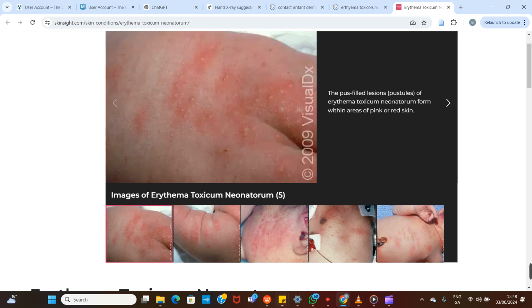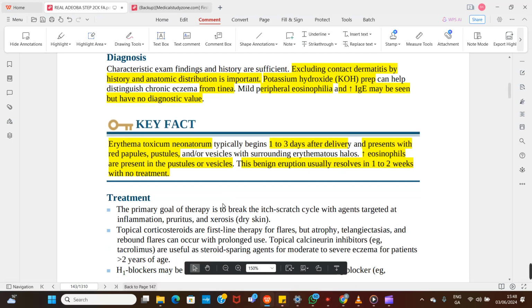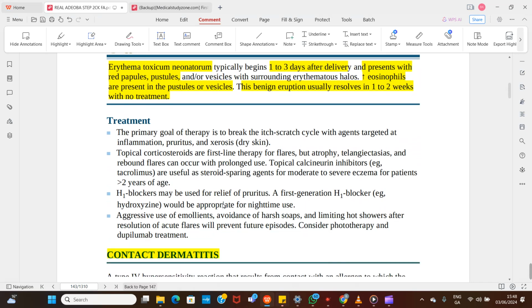We should watch out for those lesions, the pustules and the papules, within the trunk and the proximal extremities. These babies, 1 or 2 or 3 days after they are delivered, you start seeing the lesions. That's very important.